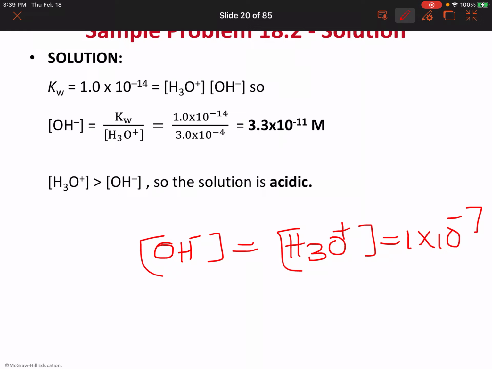Okay, so this is the amount of hydroxide and this is the amount of acidic hydronium ions, right? So which one is more? 10^-4 or 10^-11 is more? 10^-4 is more. Hydronium ions are more compared to the hydroxide. So the solution is acidic.